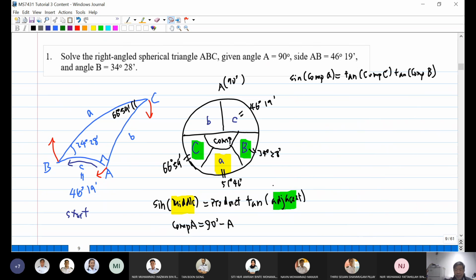Okay, so I rework again using the same formula. Sine of the middle part is equal to the product of tangent of the adjacent parts. Remember, sine co-A is basically the same as cosine A. So this is cosine A, right?